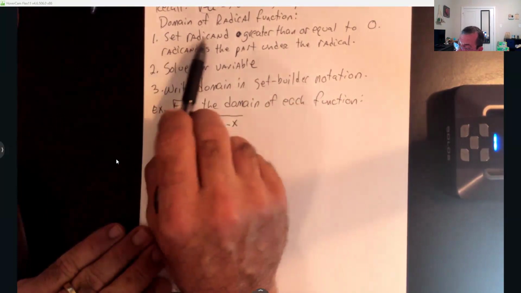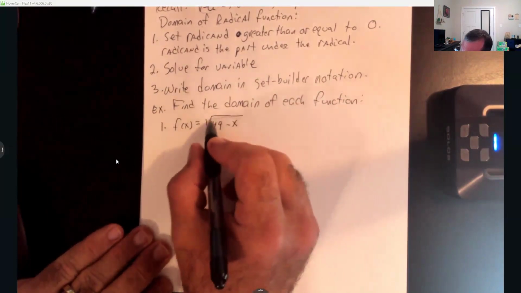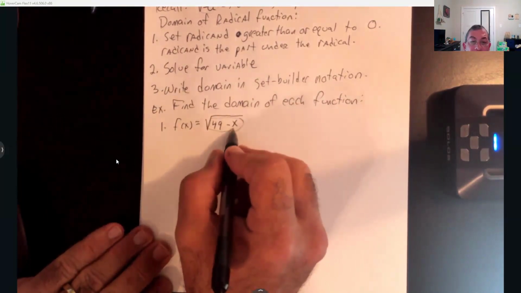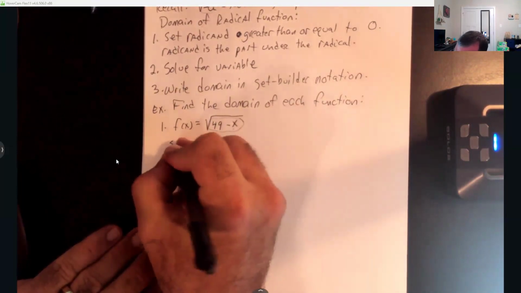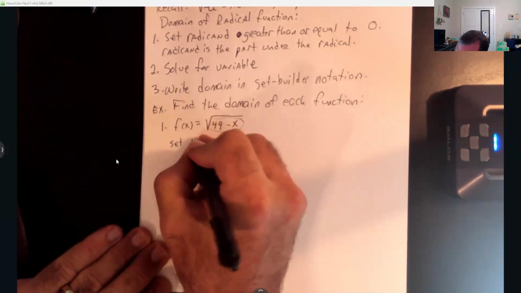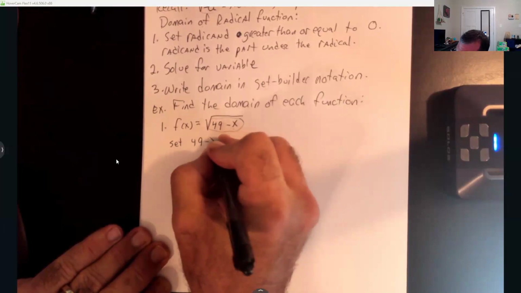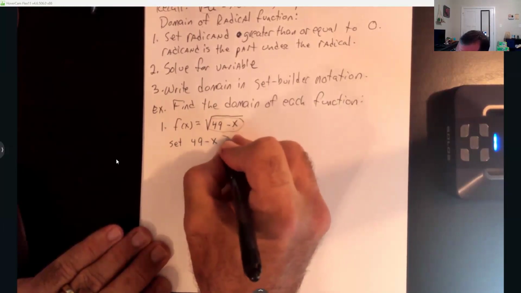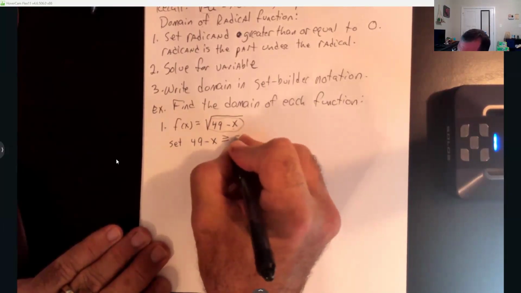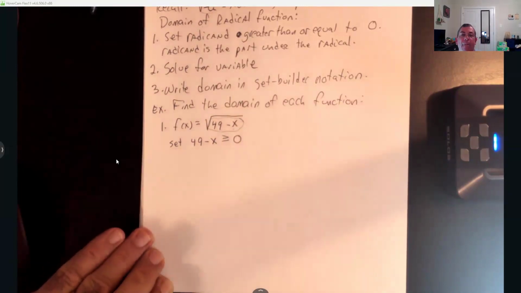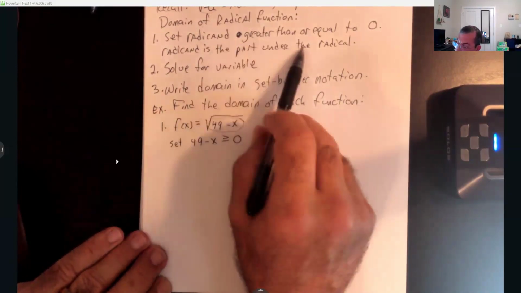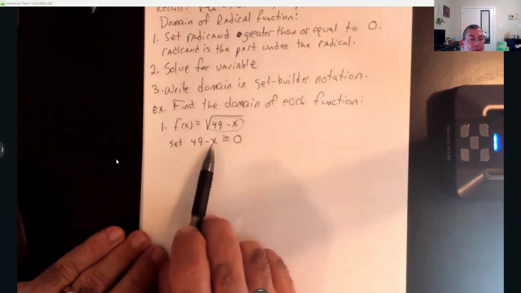So number 1, we said set the radicand. Well, the part under my radical is the 49 minus x. So I'm going to set 49 minus x greater than or equal to 0. Right? That's what we said for number 1. Now we're going to solve for that variable.